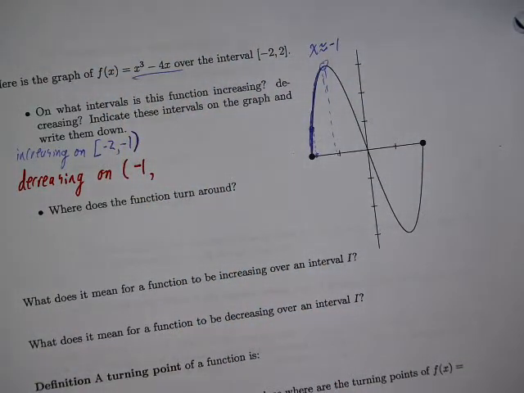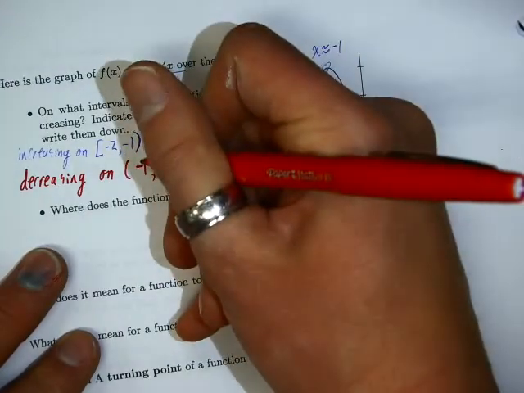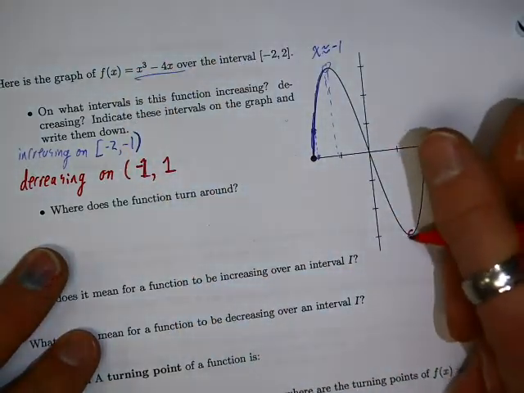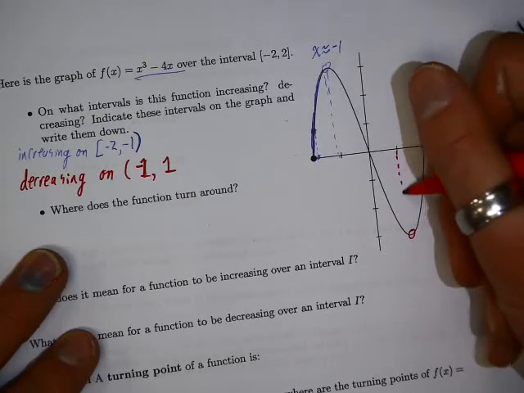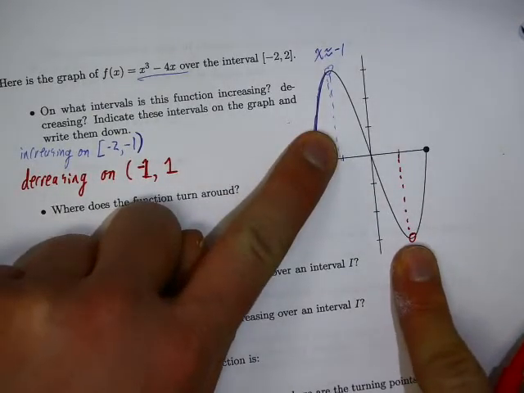It's decreasing from -1 until what x value? 1-ish. And in fact, those two x values, there's one thing I can definitely say, they should be the same.